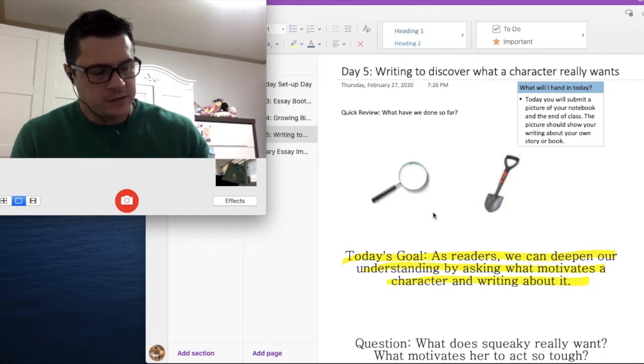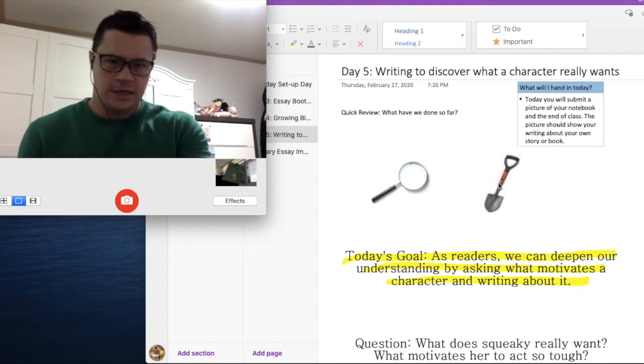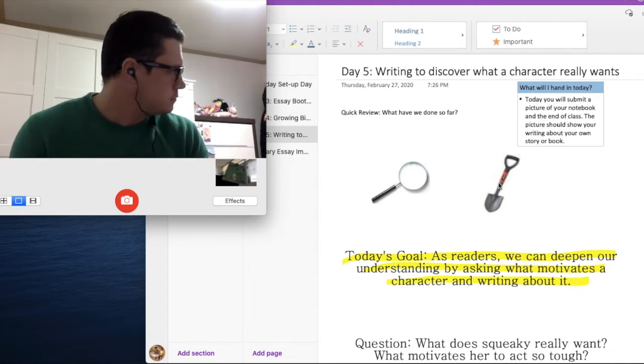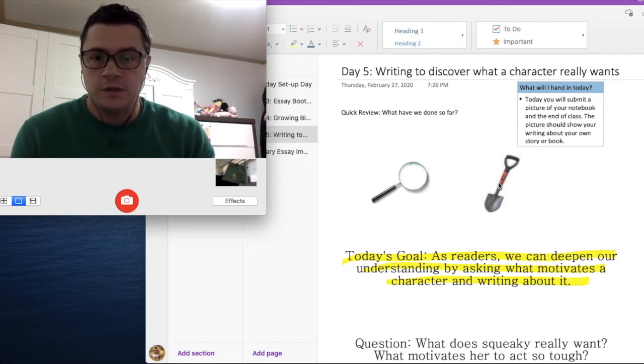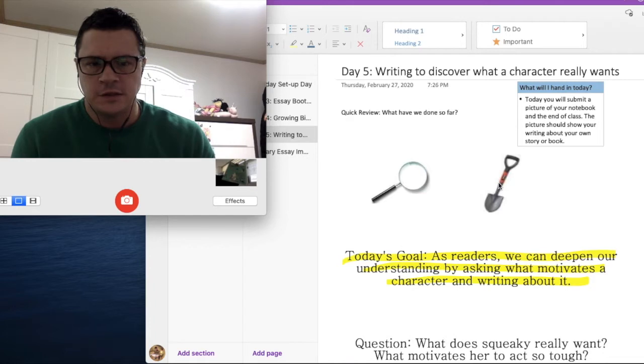So in the past few days, if you look here, you see I got this magnifying glass and a shovel. I want you to think about what we've done. I put these here because they represent what we do. I got the magnifying glass there for yesterday's lesson because what we did was we reread parts of the story with important details, and we asked ourselves, why did the writer include that?